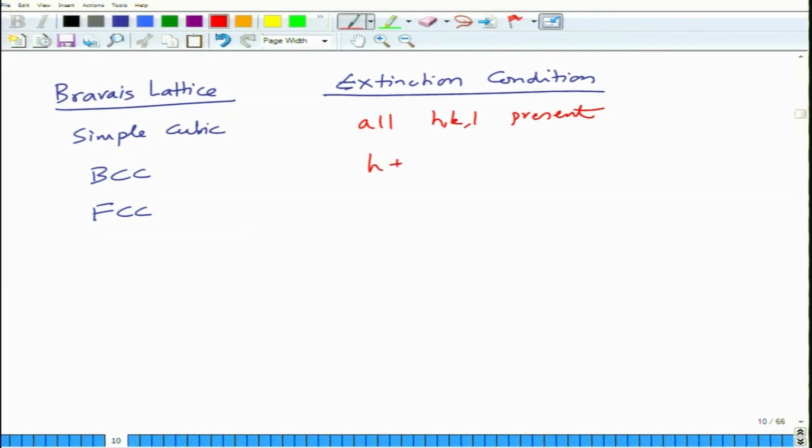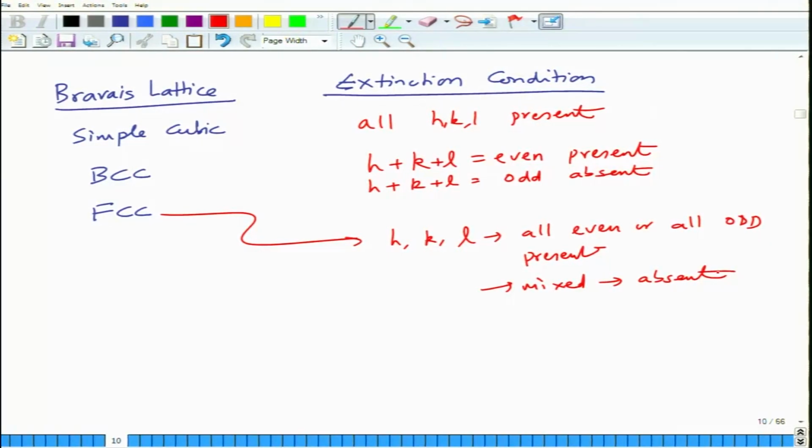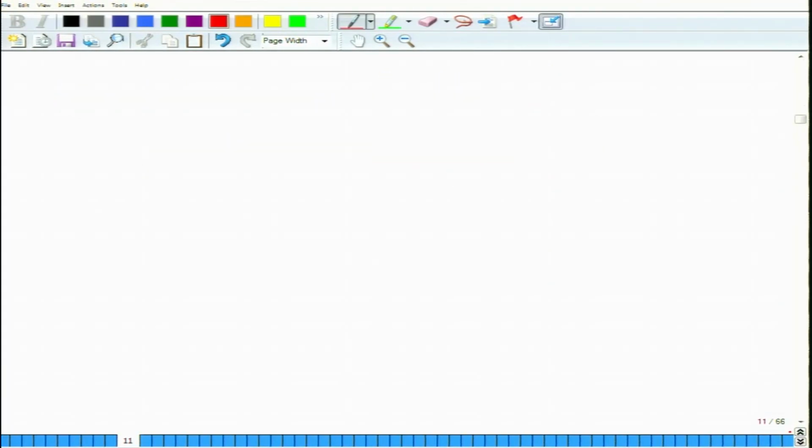For BCC, only H plus K plus L equal to even is present, and H plus K plus L odd is absent. And in FCC, HKL all even or all odd are present and mixed are absent. All right.